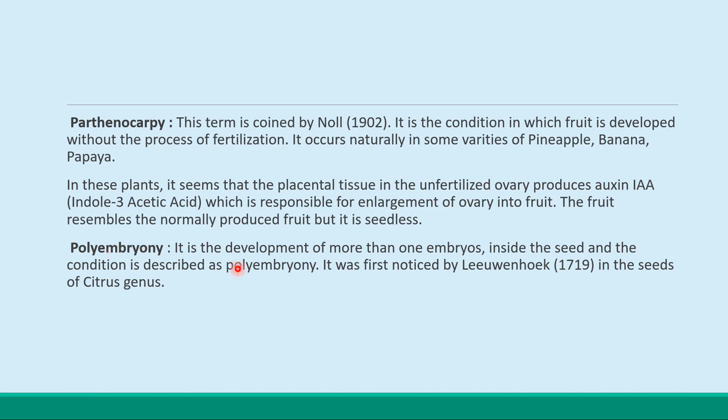So it is the development of more than one embryo inside the seed, and the condition is described as polyembryony. Antony von Leeuwenhoek is the scientist who first noticed polyembryony in the seeds of the citrus genus.